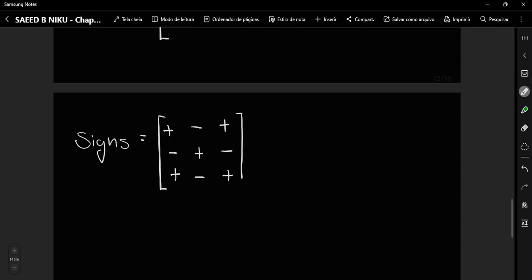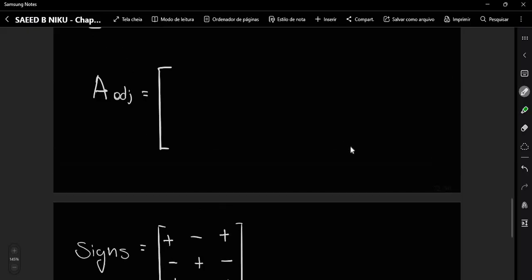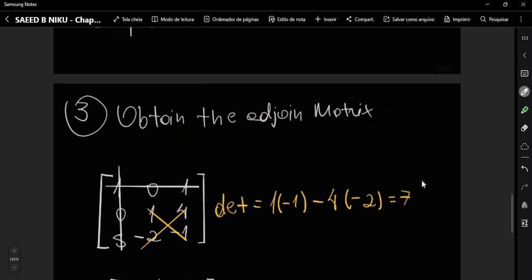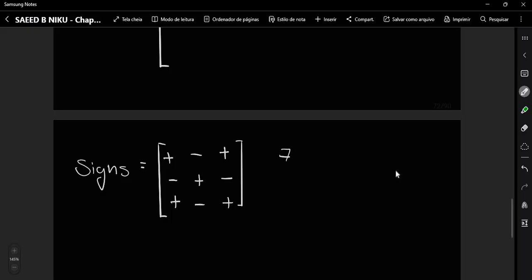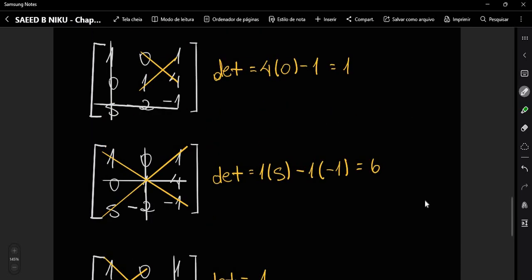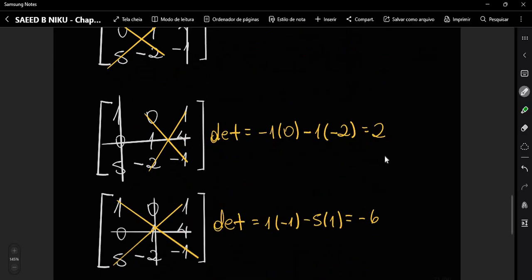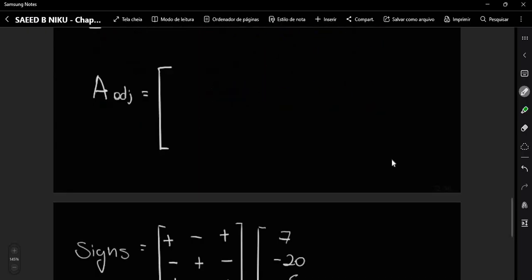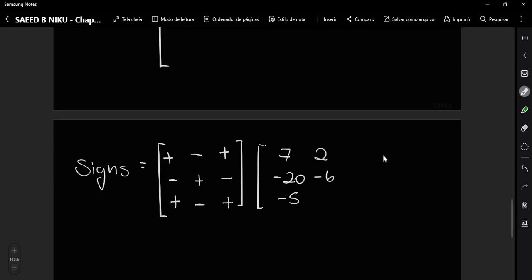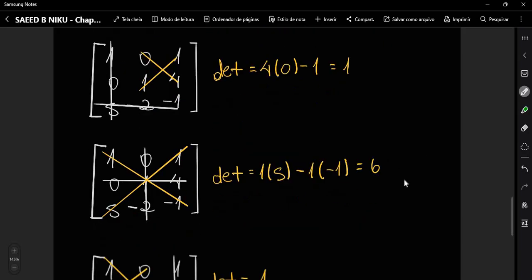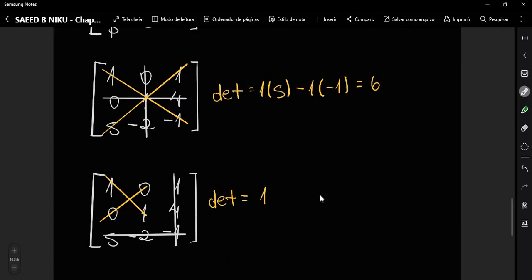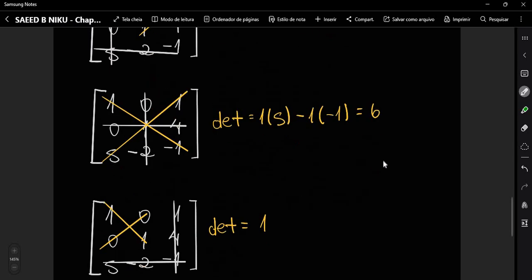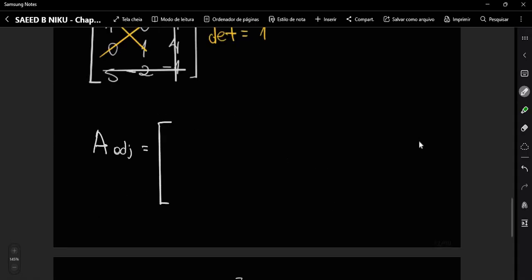And so we got 7, minus 12, minus 5. 2, minus 6 and minus 2. And 1, 6 and 1.